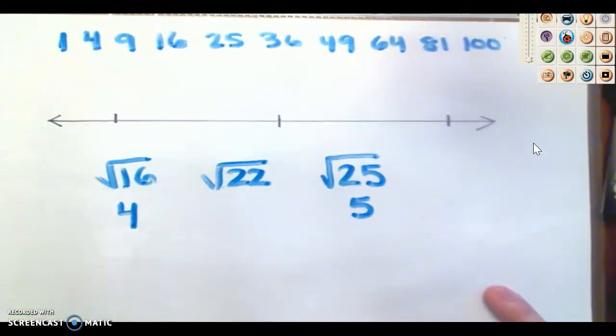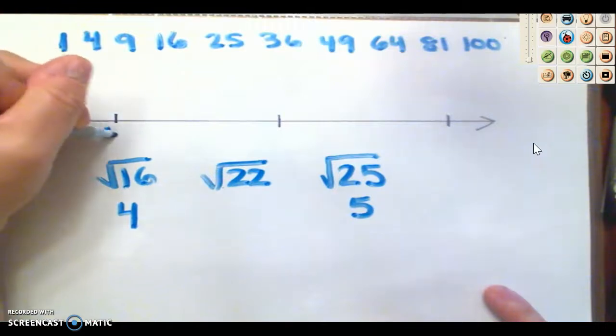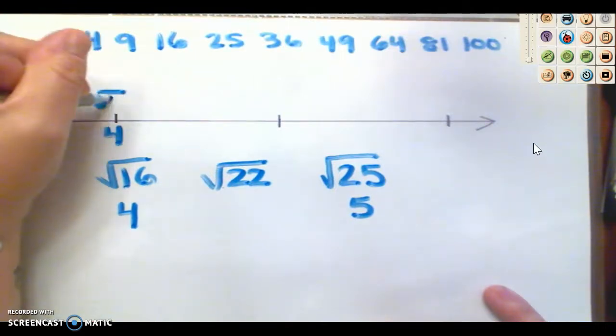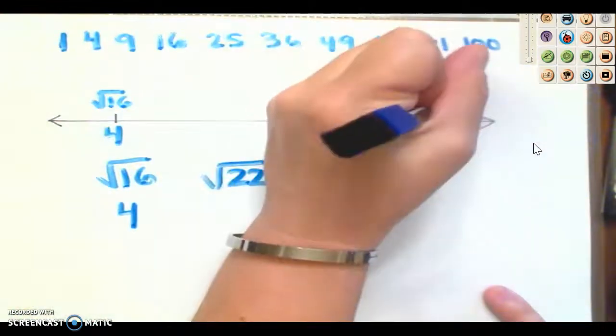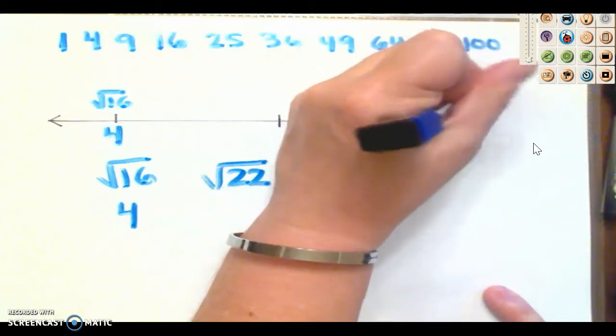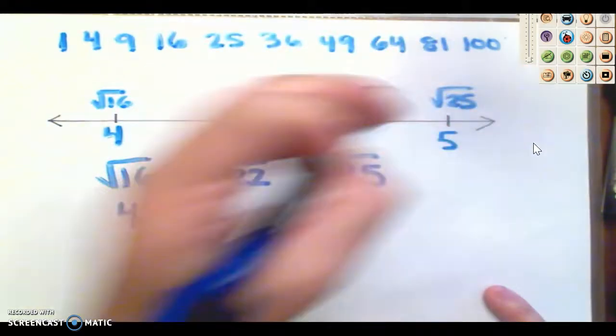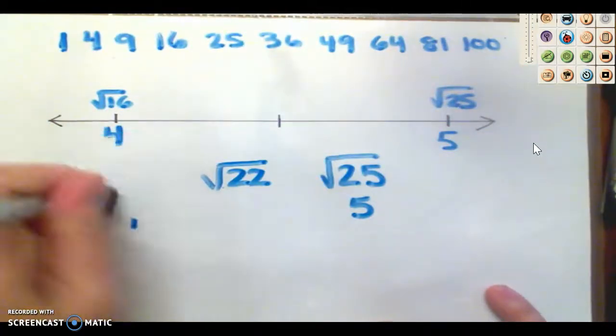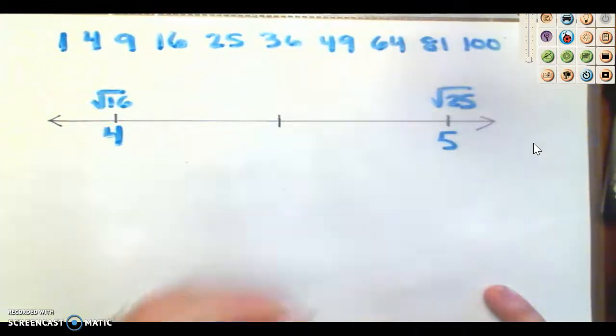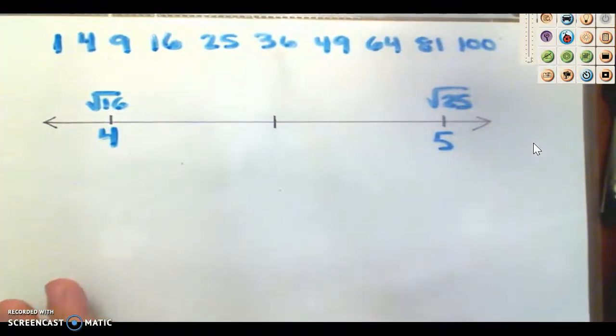But what if we wanted to dive in a little bit deeper? So 4 squared is 16, and then we had our other perfect square here, 5. What if, again, I'm trying to do all of this without really getting out a calculator, no guess and check. I want to be smart about this.